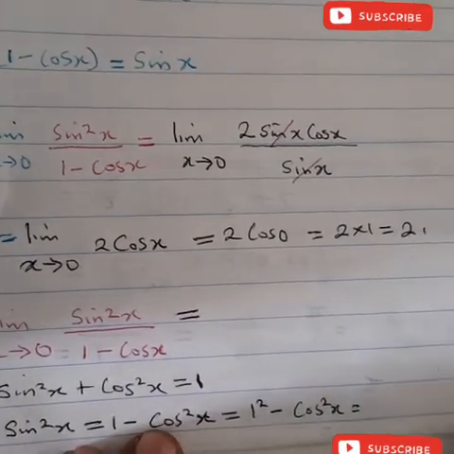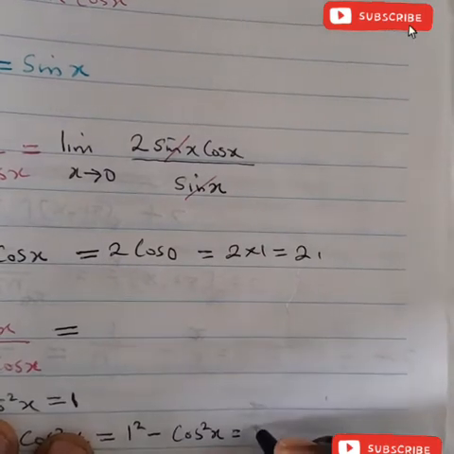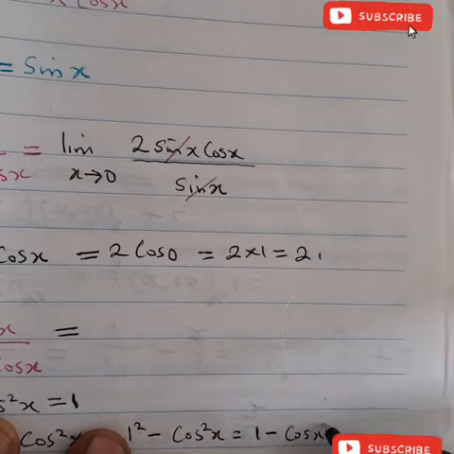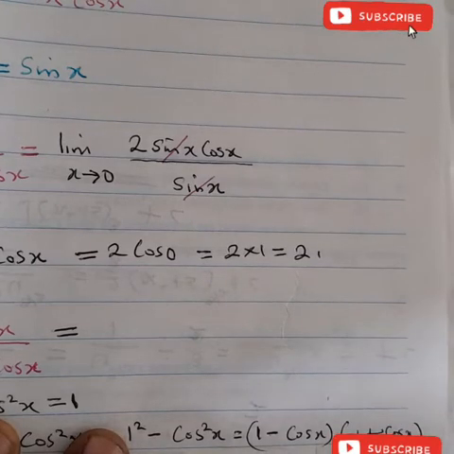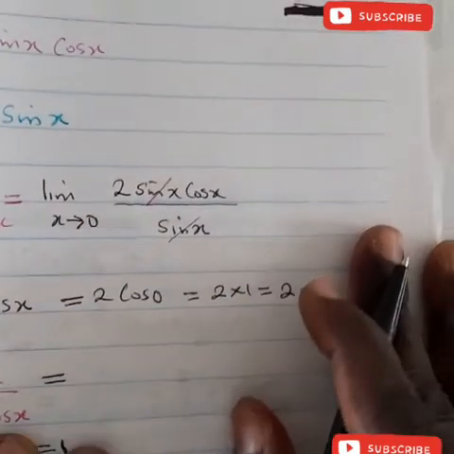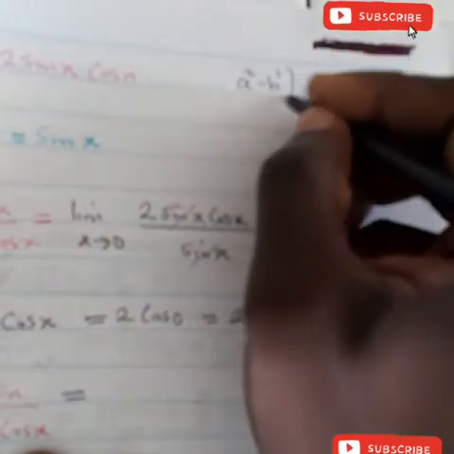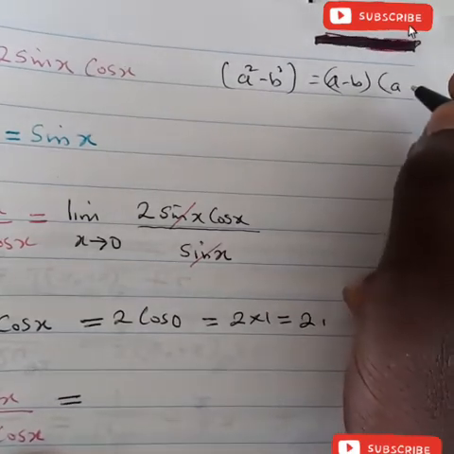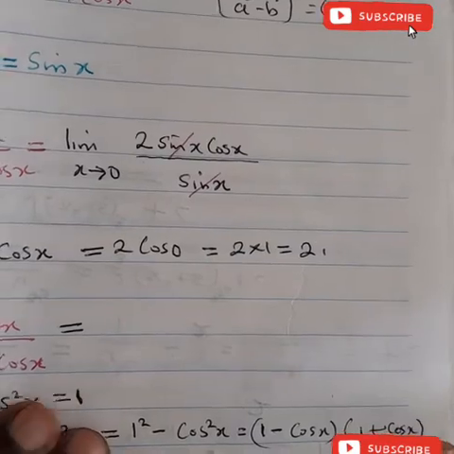By applying the difference of two squares, this is going to give us 1 minus cos x times 1 plus cos x. When you have a squared minus b squared, the result is a minus b times a plus b. That is what I have applied to this.